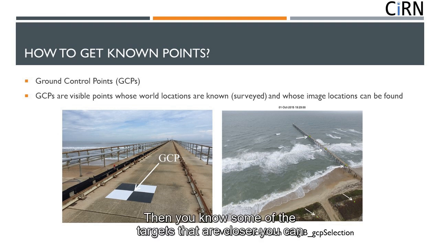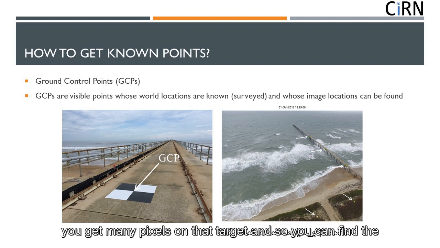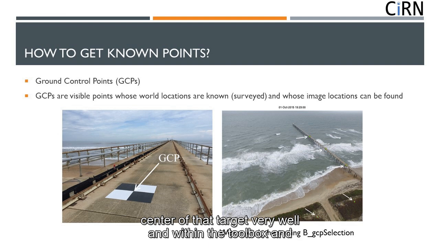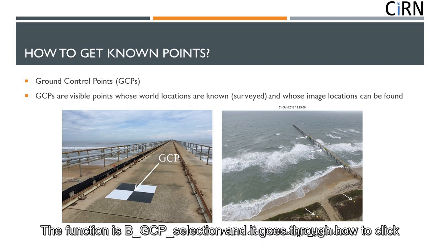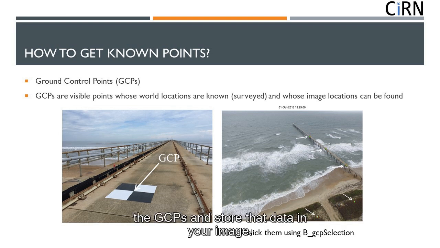For some of the targets that are closer, you get many, many pixels on that target, and so you can find the center of that target very well. Within the toolbox, and Brittany's going to take you through this, the function is GCP selection, and it goes through how to click the GCPs and store that data in your image.